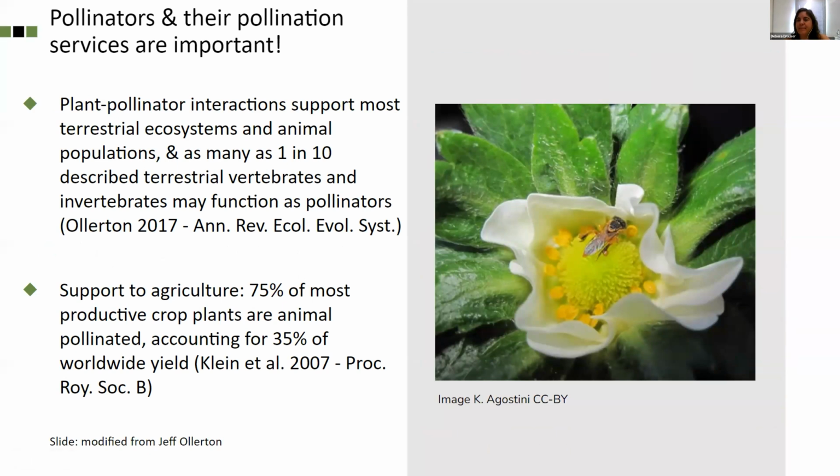Also, plant pollinator interactions support most terrestrial ecosystems and animal populations. And as many as 1 in 10 described terrestrial vertebrates and invertebrates may function as pollinators. And more specifically regarding agriculture, 75% of the most productive crop plants are animal pollinated, accounting for 35% of worldwide yield. And this number is similar to the estimate made at the assessment on pollinators and food production in Brazil.